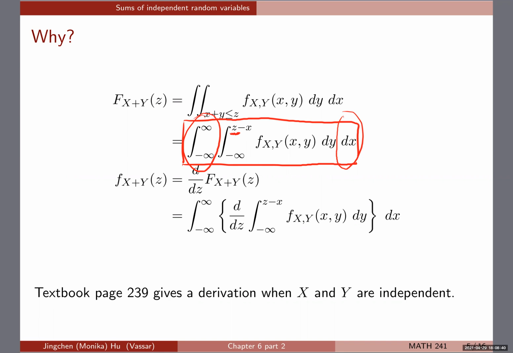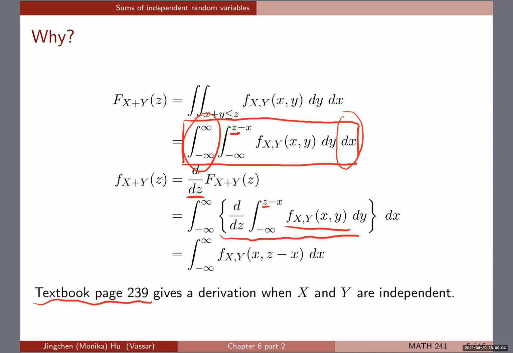So we can bring this differentiation sign into the middle integral, because that's where z appears. This is the part I think is a little bit hard to understand, but if you go to the textbook and look at the case where x and y are independent, you can break it down into the product of the marginals and go from there.